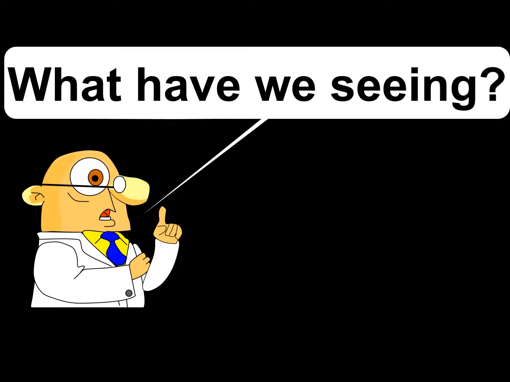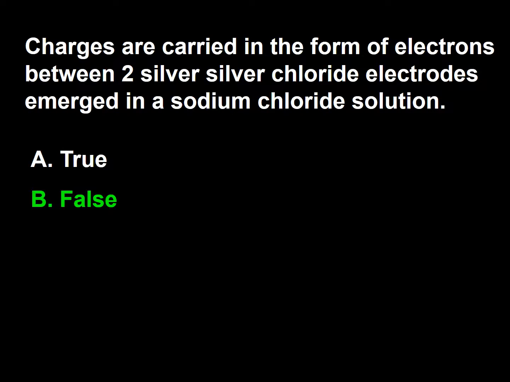And most importantly, that the conversion of electrical charges into ionic charges that occurred at one silver chloride electrode is mimicked by the conversion of ionic charges into electrical charges at the other silver chloride electrode. So the answer to this question is false. Charges are not carried in the form of electrons between two silver chloride electrodes immersed in a sodium chloride solution.